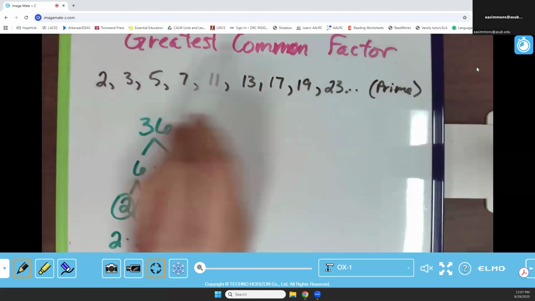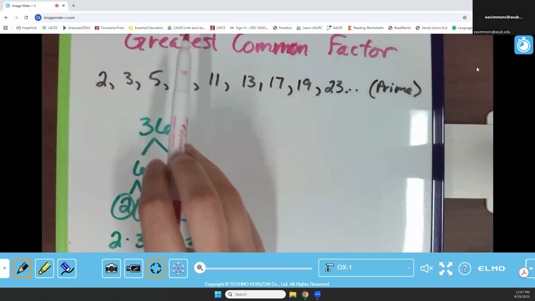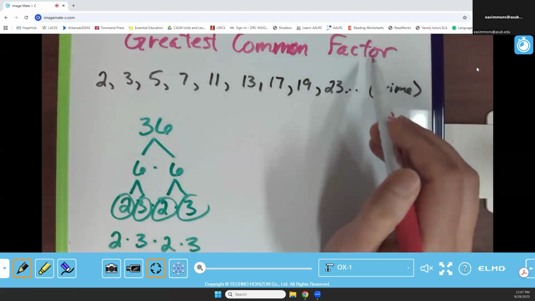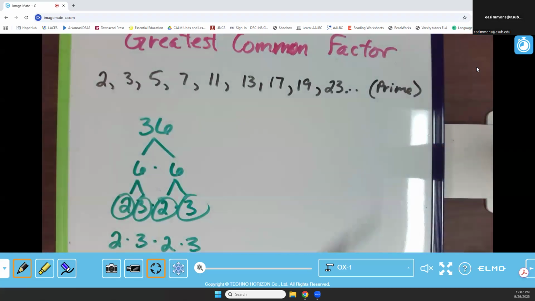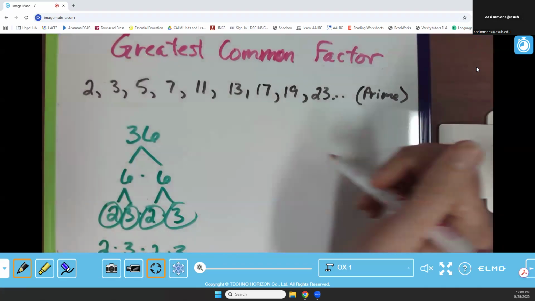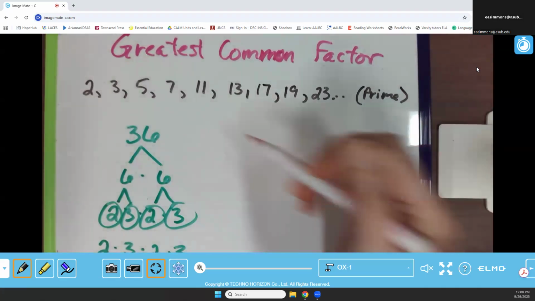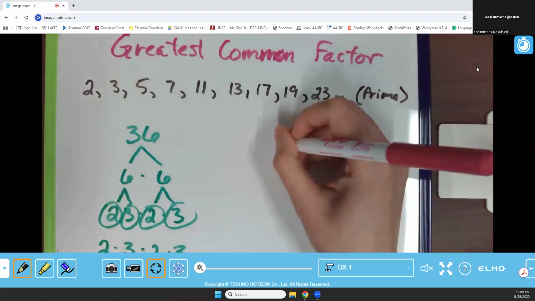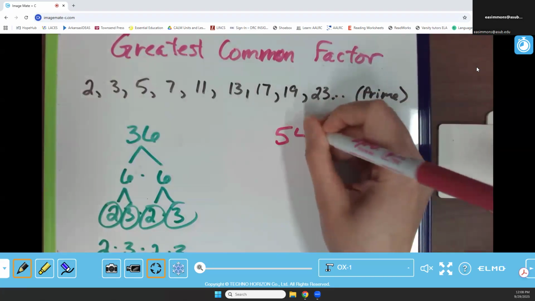And looking at the name greatest common factor, we're comparing the biggest shared factor. And we can do this using prime factorization. So when we're using prime factorization to find greatest common factor, we have two numbers or more that we're comparing. So here, I've already factored out 36. So we're going to compare 36 and another number, 54.